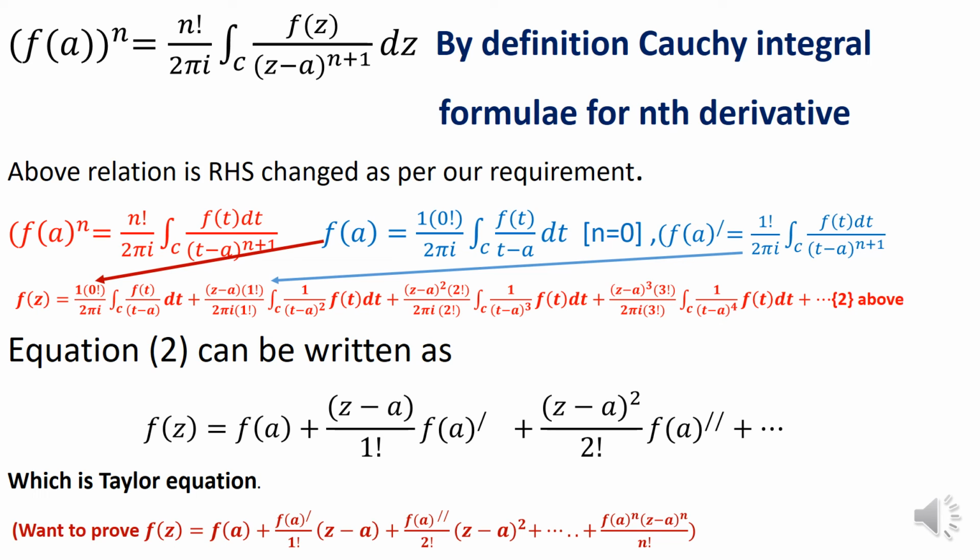So only (z minus a) is extra, that I am writing here. 1 factorial is extra, I am writing here, and 1 factorial divided by 2 pi i, same thing, integration (t minus a) to the power square, right? Here n equal to 1. Because I am taking n equal to 1, you see here n plus 1, so here it will be 2, right?